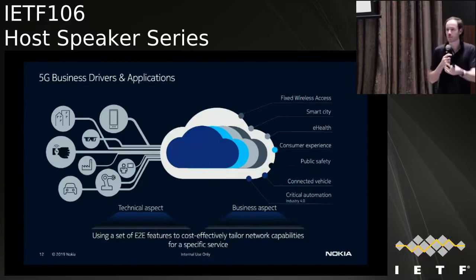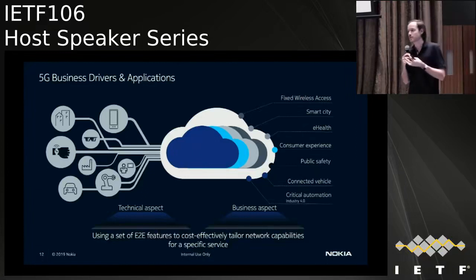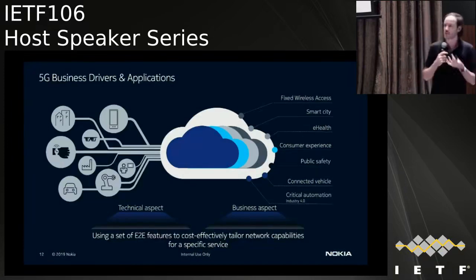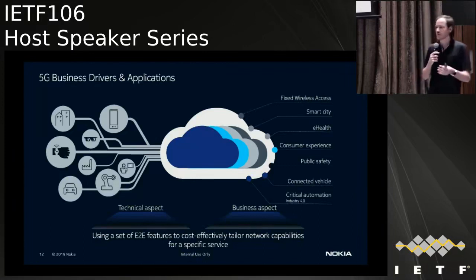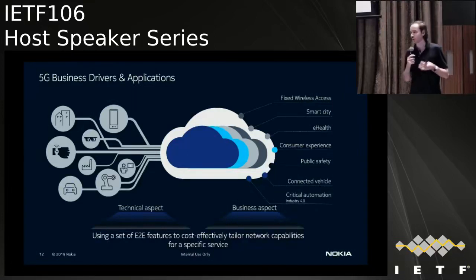If you use the spectrum in a certain way, use the radio access in a certain way, you can achieve low latency or higher bandwidth, but this same set of capabilities ultimately needs to be extended across the transport network to deliver the end-to-end SLAs that each of these different business drivers requires. So while in this particular presentation, we're not focusing so much on the radio access, I want to spend some time to think about how we can actually support those different and distinct SLAs across a shared transport infrastructure.